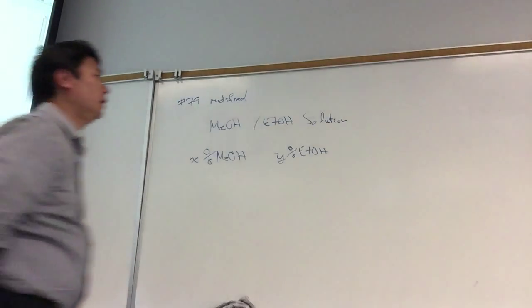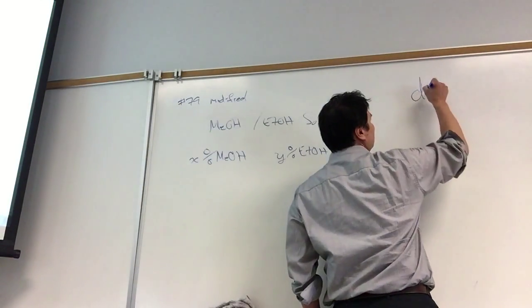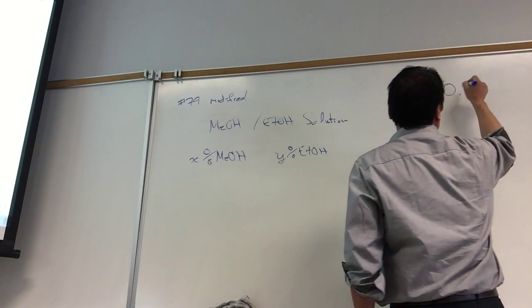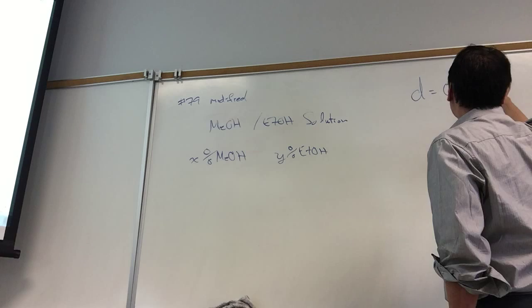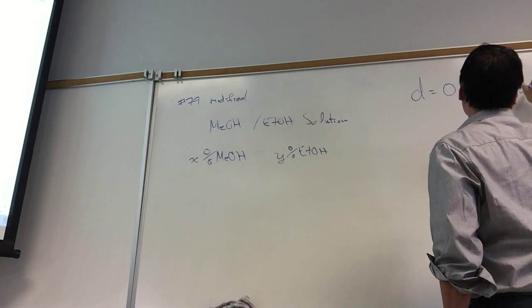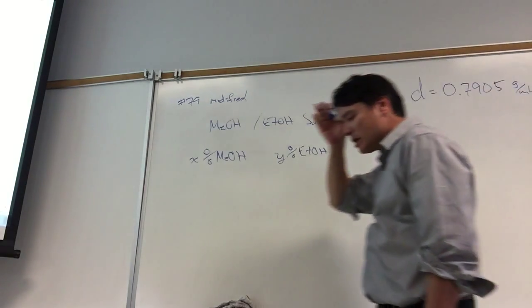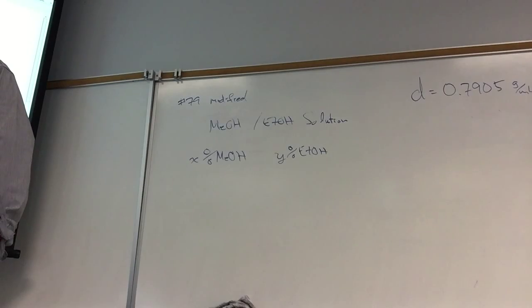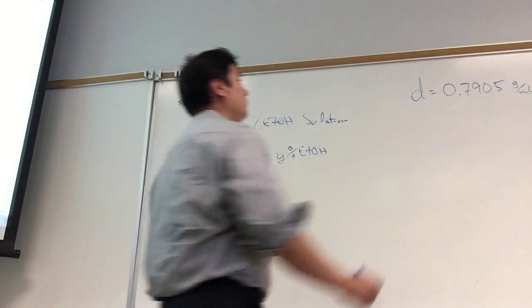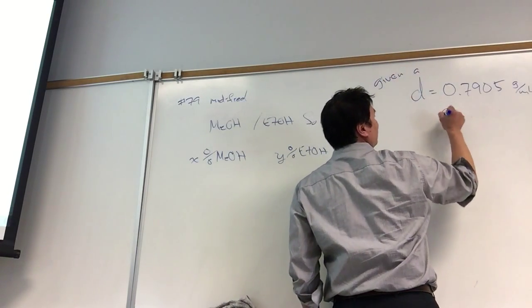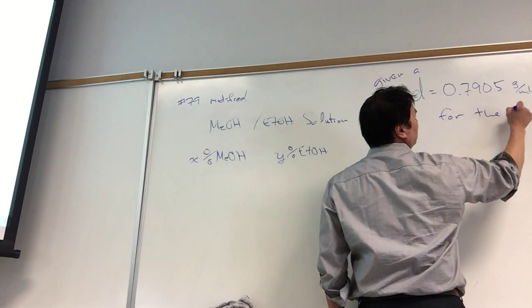And if we're given the density, let's say the density is equal to 0.7905 grams per milliliter. This is the way I'm going to modify it because now you have a target. Now we have the right answer. We only have one answer for this. And so here, given a density for the mixture.